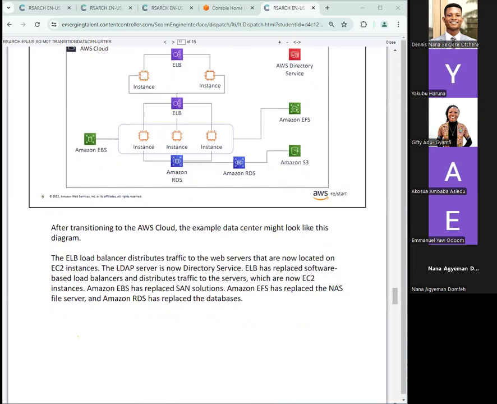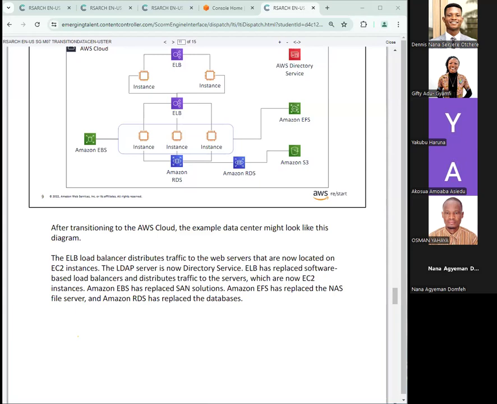Okay, please can I get an explanation of the network attached storage again? How different is it from the other storage? You mean the SAN and the NAS, right? Yes. The SAN I understand, but the NAS I don't understand. So the NAS is just like EBS, EFS.